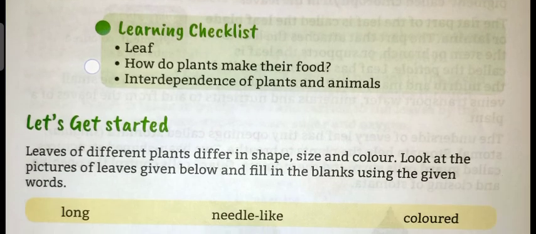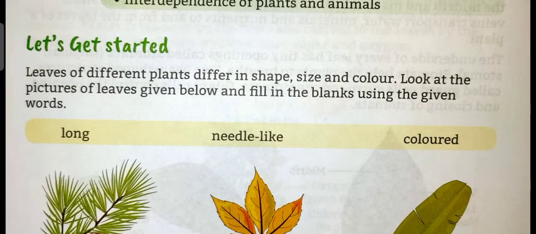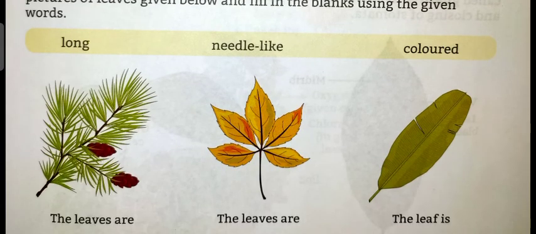So let's start. Leaves of different plants differ in shapes, size and color. Look at the picture of leaves given below and fill in the blanks using the given words. Some different types of leaves are given here and their shapes are also different.